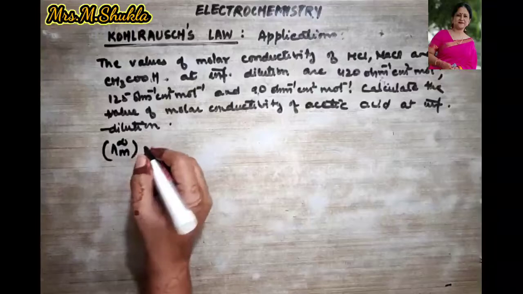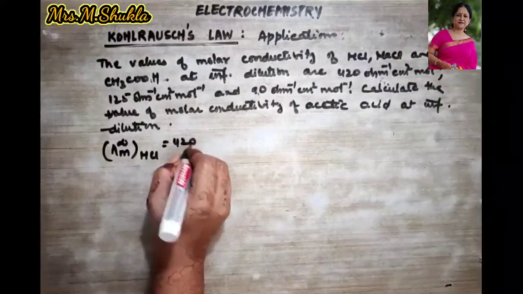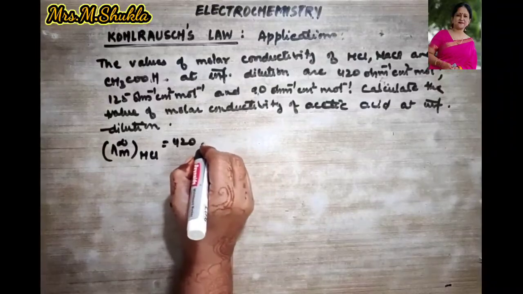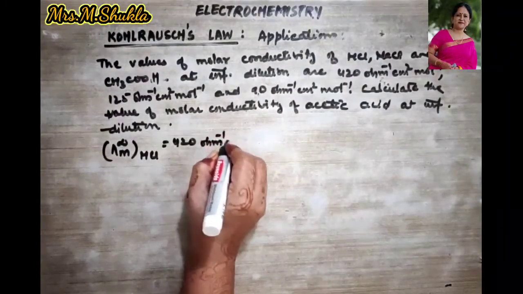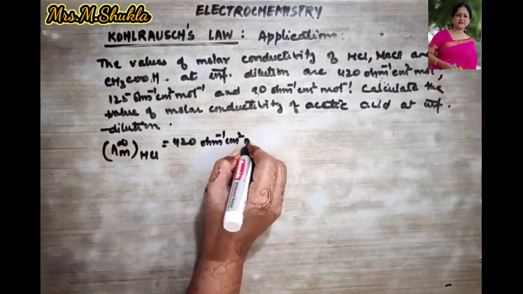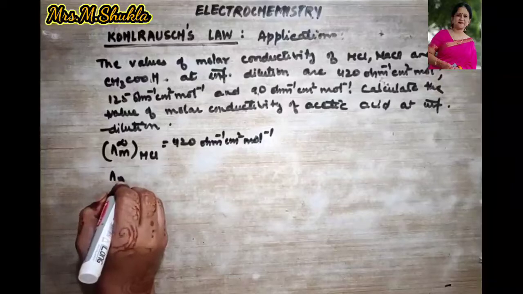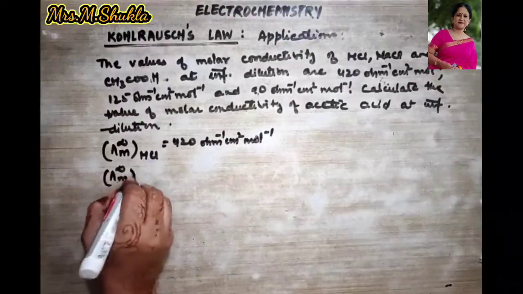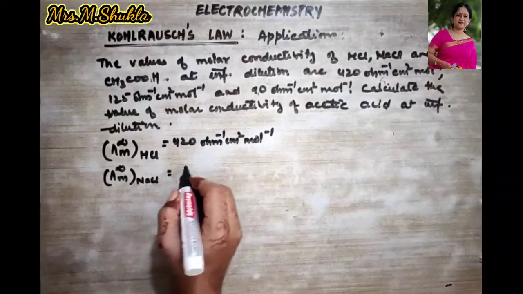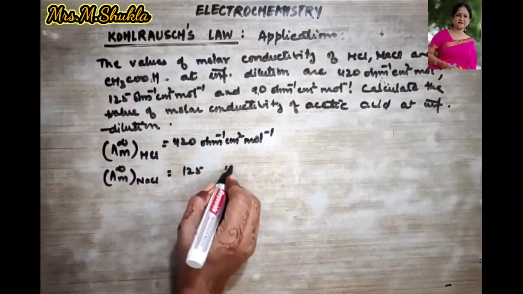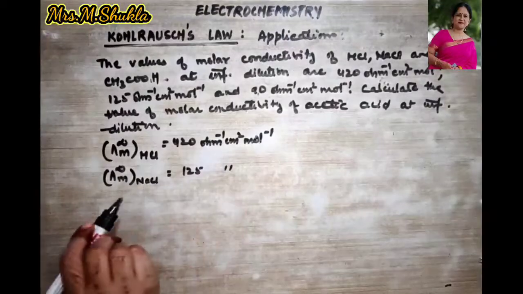The molar conductivity of HCl is given, that is 420 per ohm centimeter square per mole. Then that of NaCl is given to you, how much? 125 per ohm centimeter square per mole.